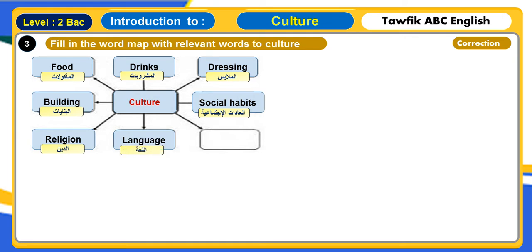And then also we have language. In terms of languages, we have Tamazight, we have Arabic, and we have French, and lately we have even English. In terms of music, there are different kinds of music in Morocco.